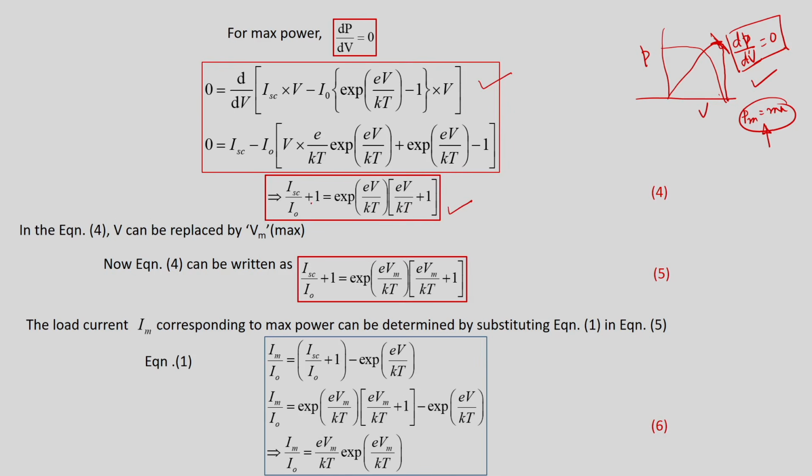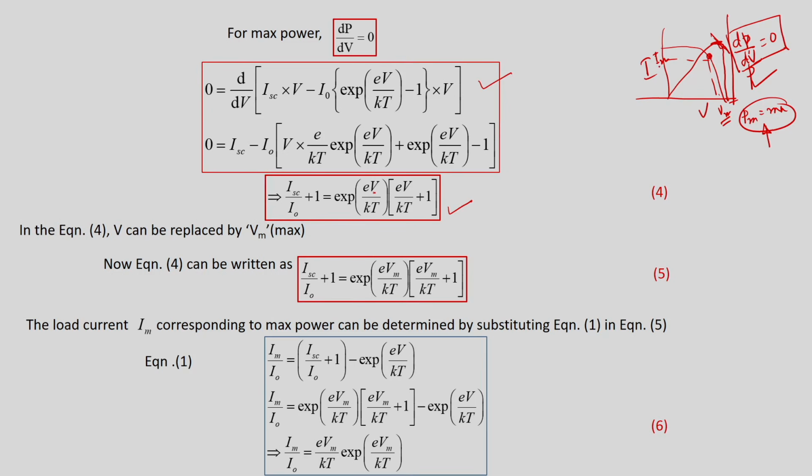Here, V can be replaced by Vm, because at this point, for the IV curve, this may be Im, and this may be Vm.